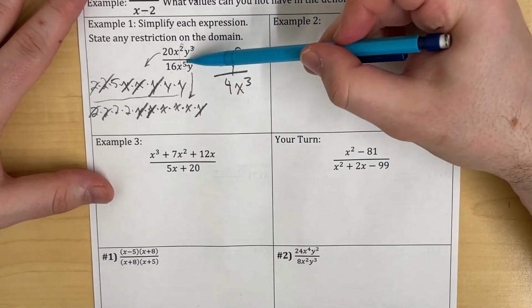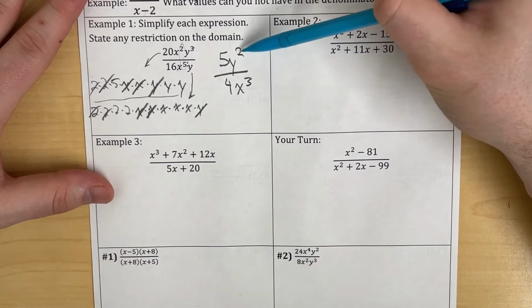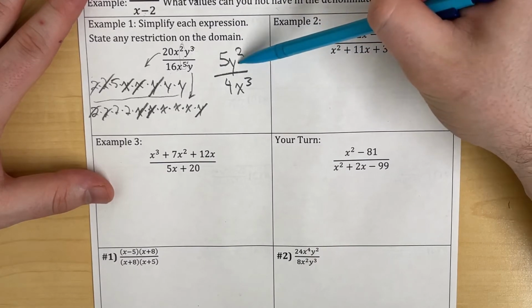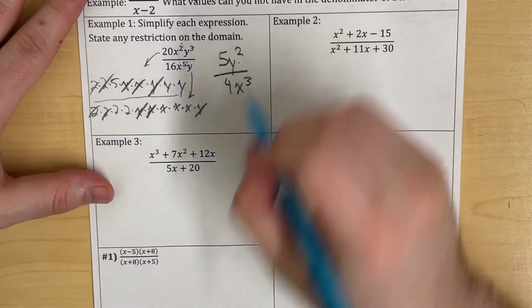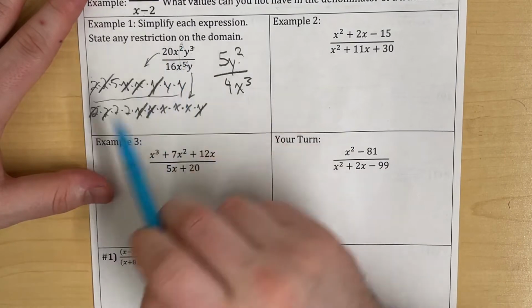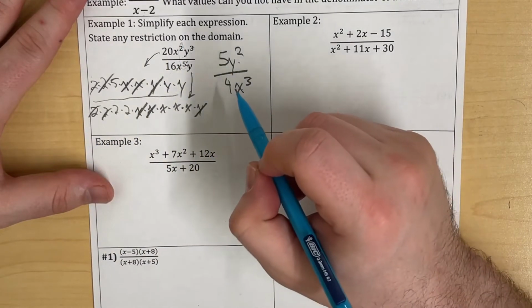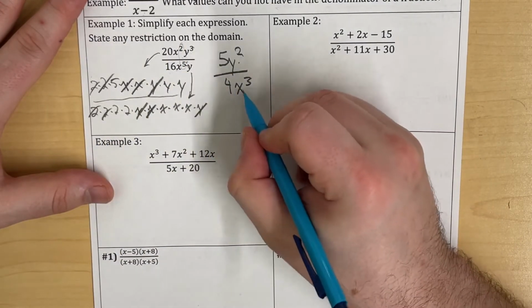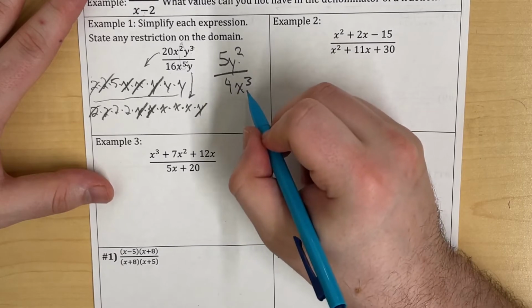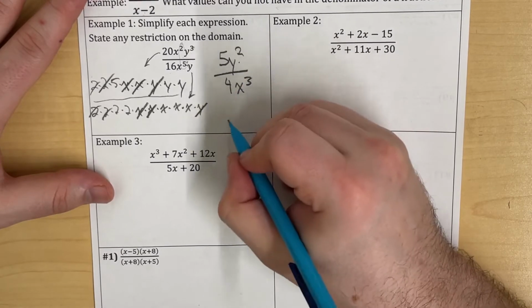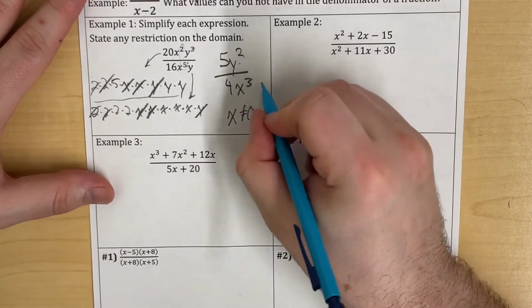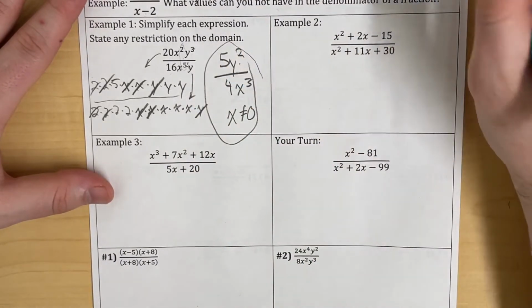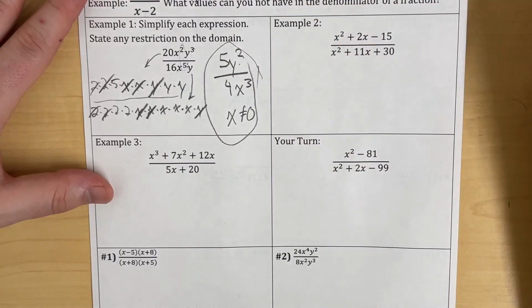I did 5 minus 2 is 3, and then for the y exponent, I did 3 minus 1 is 2. All right. Make sure you include that restriction because we can't have a denominator of 0, so we would look at our denominator and ask, what value would make it 0? So we'd have to restrict it and say x cannot be equal to 0. So that's going to be part of your answer for each of these.